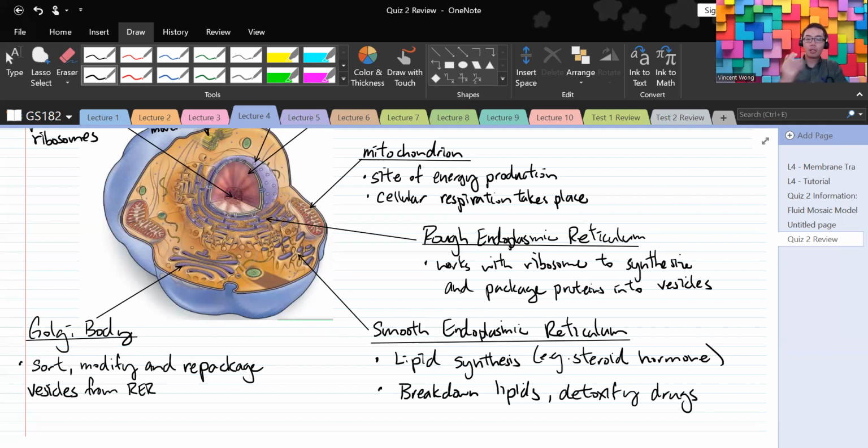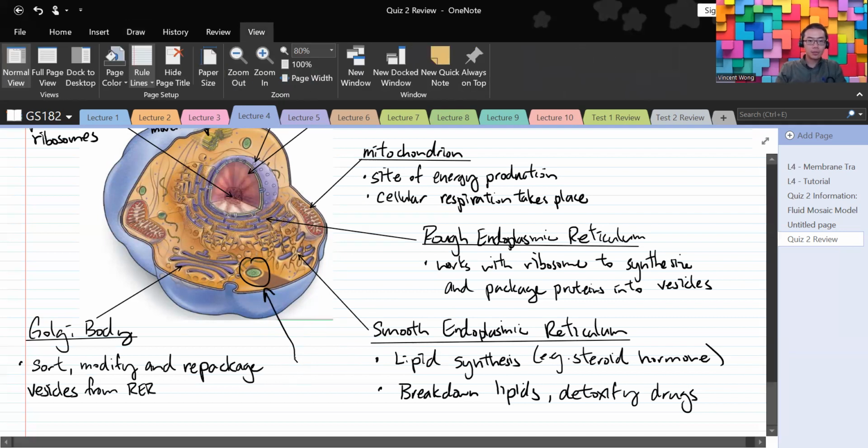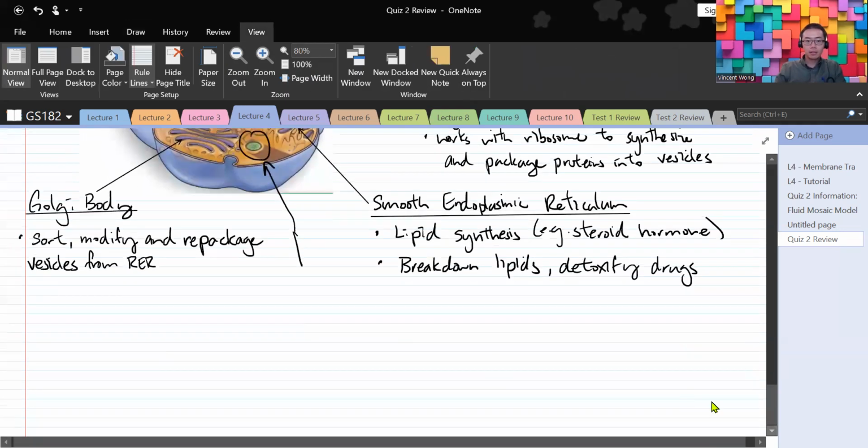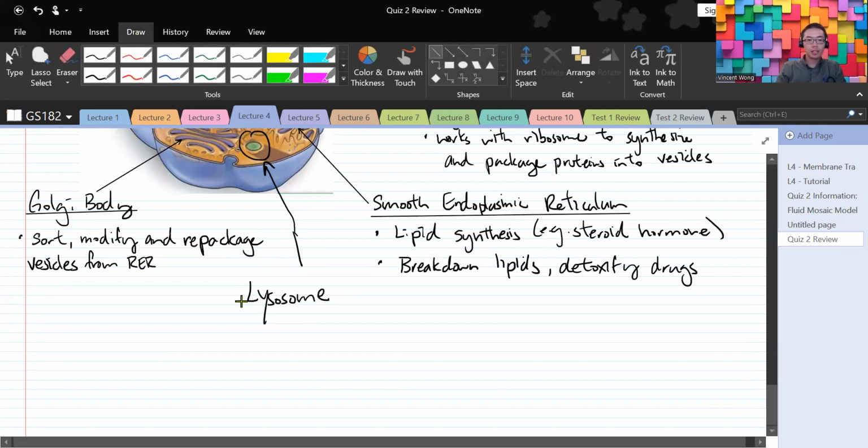And number 4, it might become another specialized organelle, which is what this green thing is. Okay, so that is the lysosome. So various functions for the lysosome.